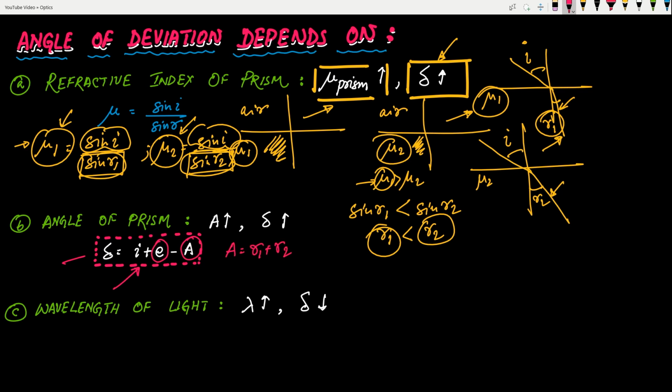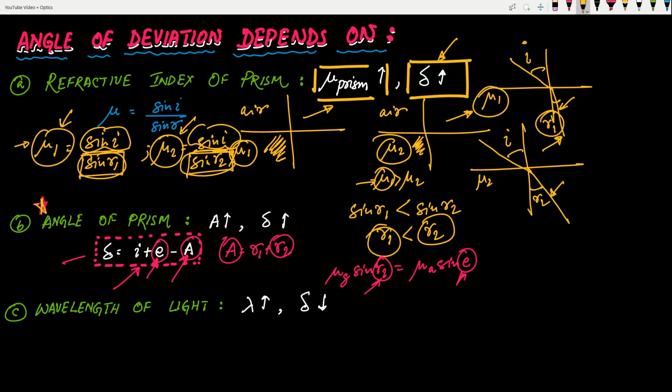And when we are finding E, we use Snell's law and we use R2 in order to find E. That is, mu of glass sine R2 is equal to mu of air sine E. So R2 is dependent on E. Since R2 is dependent on E and R2 is also linked with A, when we increase A, then E also increases, as a result of which delta increases. So I'll put a star mark here. This is very important.